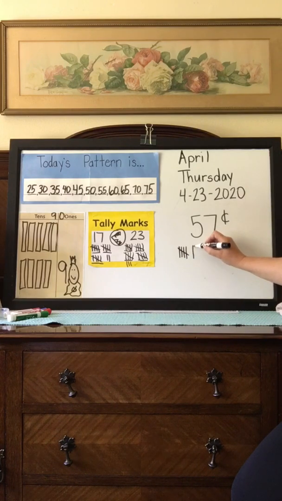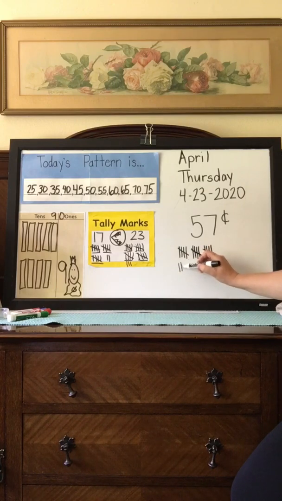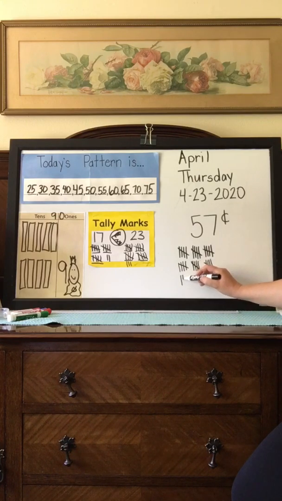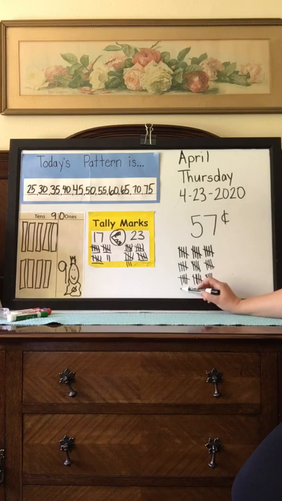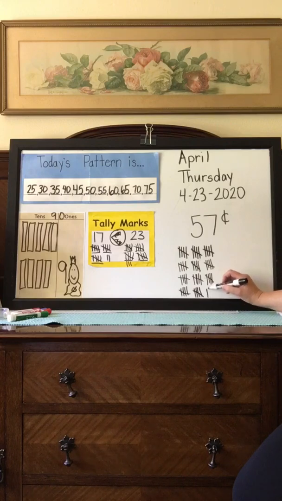So that's 5. 6, 7, 8, 9, 10, 11, 12, 13, 14, 15, 16, 17, 18, 19, 20, 21, 22, 23, 24, 25, 26, 27, 28, 29, 30, 31, 32, 33, 34, 35, 36, 37, 38, 39, 40, 41, 42, 43, 44, 45, 46, 47, 48, 49, 50, 51, 52, 53, 54, 55, 56, 57.